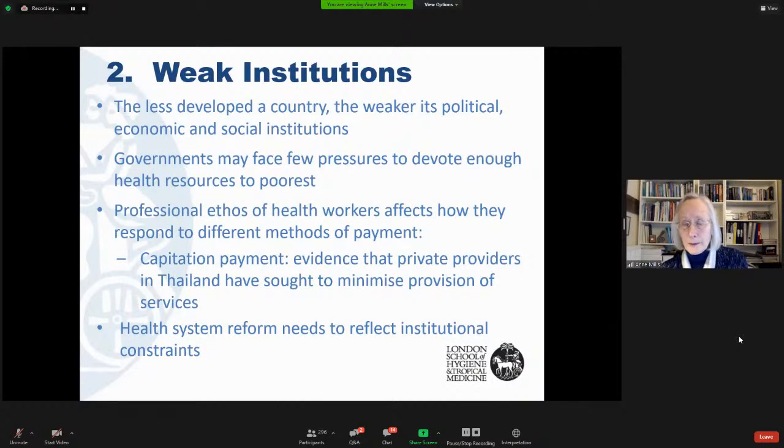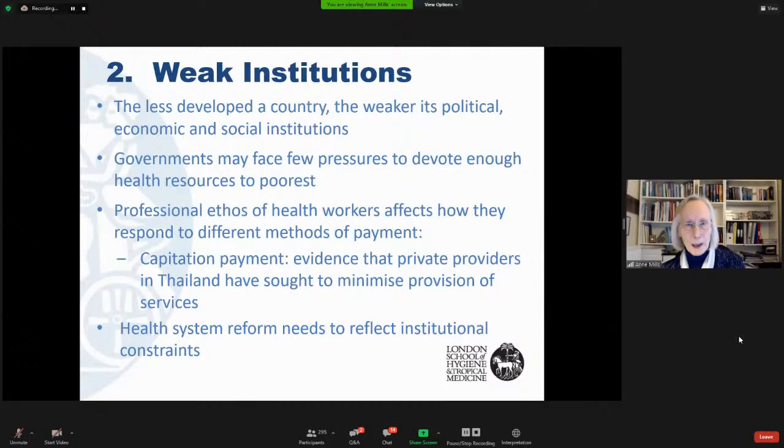For example, capitation payment depends on an ethos of health providers that they don't minimize services. We have evidence from Thailand that private providers paid under a capitation arrangement did indeed perceive an incentive to minimize the provision of services, an incentive that didn't impact so directly on public providers.